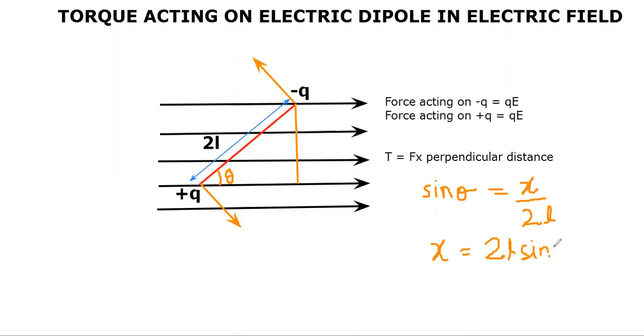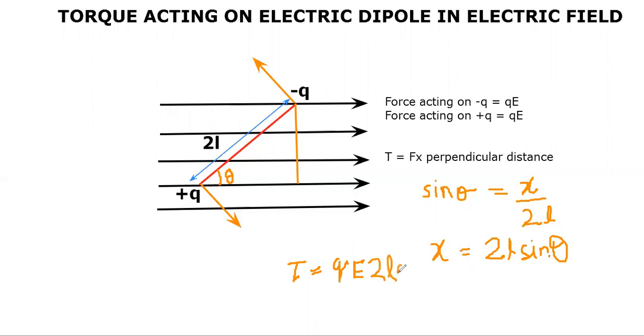Okay. Now we'll put these values in the formula of torque. Torque was force into perpendicular distance. So let's put these values. Symbol of torque, as you know, this force is QE, and 12 sine theta is the value of the perpendicular distance.